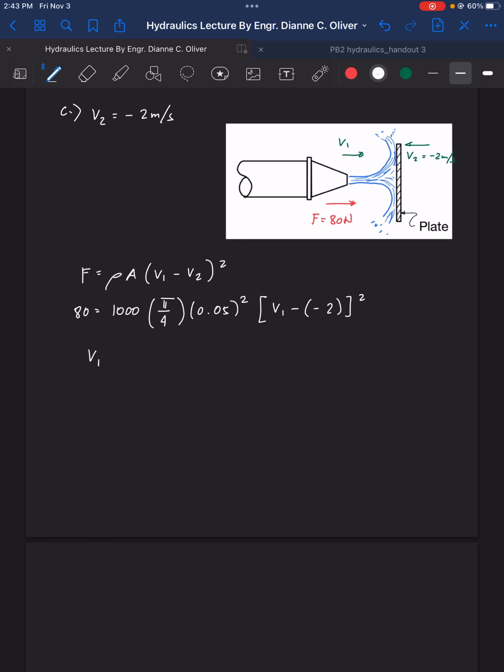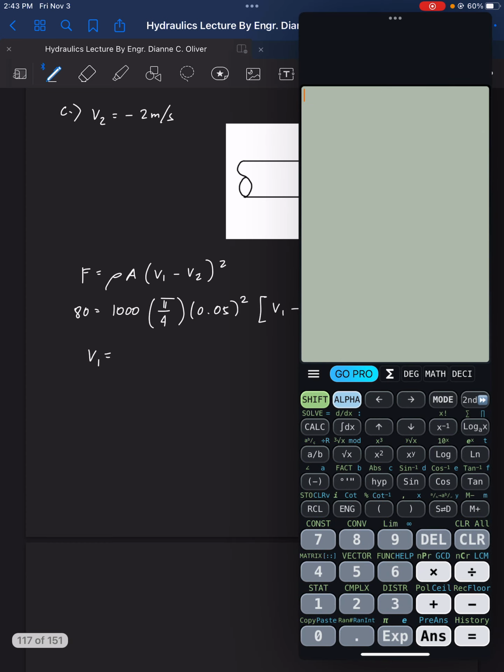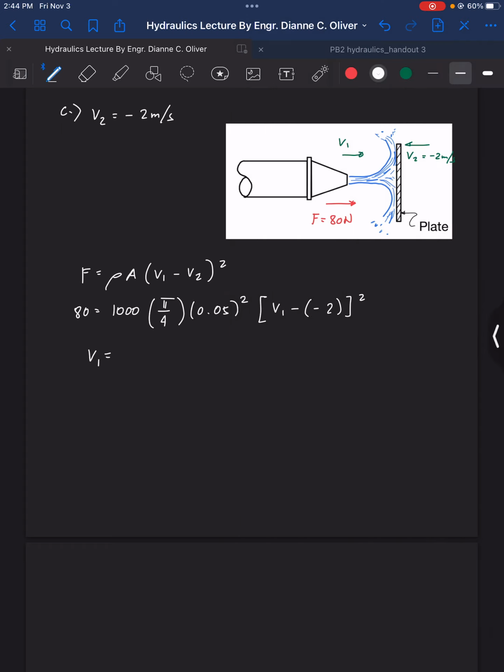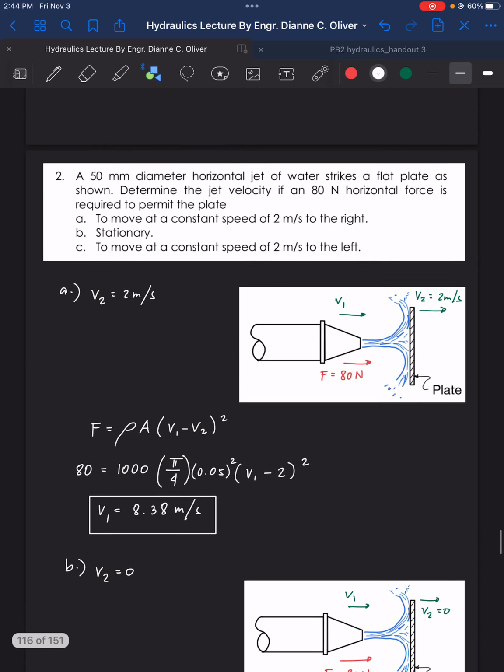So what is V1? That is 80 alpha equals 1000 times shift π over 4 times the diameter of 0.05 squared, alpha x plus 2, squared. Shift solve. So 4.38. V1 is 4.38 meter per second. So that is example number 2.